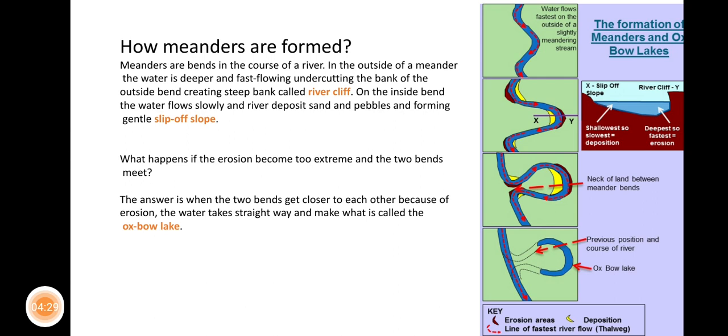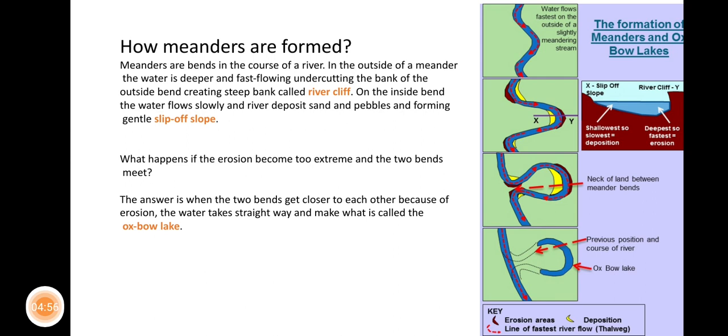The outer side is deeper and the water is flowing fast, while on the inside the water is shallow and slowly moving, and this creates something called a river cliff on the outer side because of erosion.